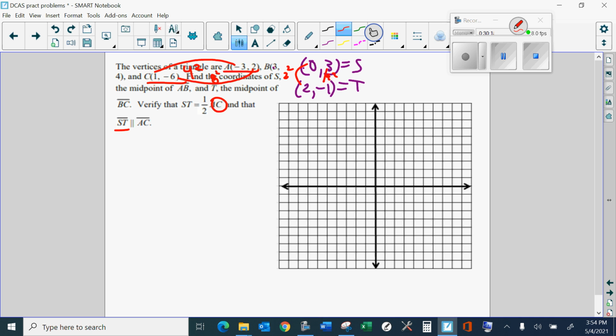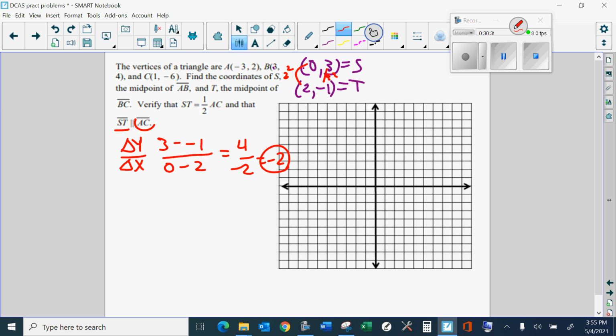ST. What's the slope? Change in y over change in x. Change in y, 3 minus -1 over change in x, 0 minus 2. So I get 4 over -2, which is a -2 slope. So I better get a -2 slope for AC. So now I do the same steps for AC.